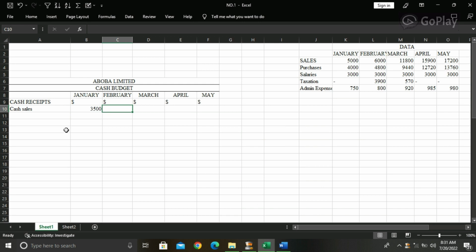Then 70% of February sales will also be collected in February. So that one will also give us 4,200. Then moving to March, 70% of the month's sales is 8,260.